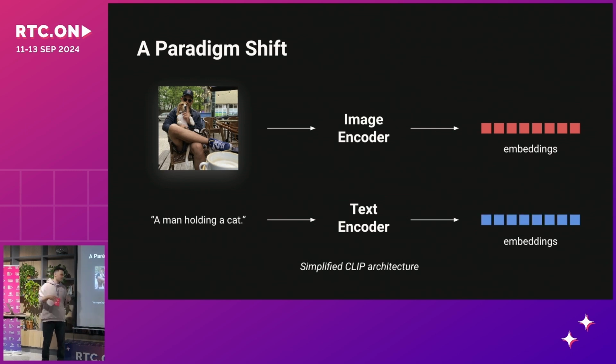Contrary, if you have a text that is further away from the semantic meaning of the image, that embedding vector goes away and becomes less similar. If that were a woman holding a cat, it would be even less similar. You get the point.